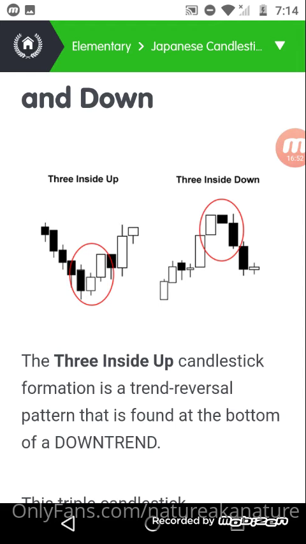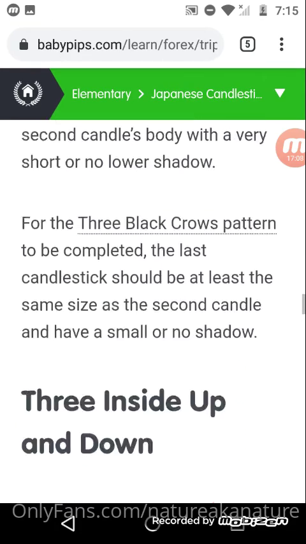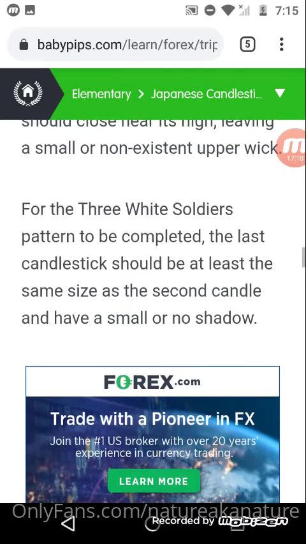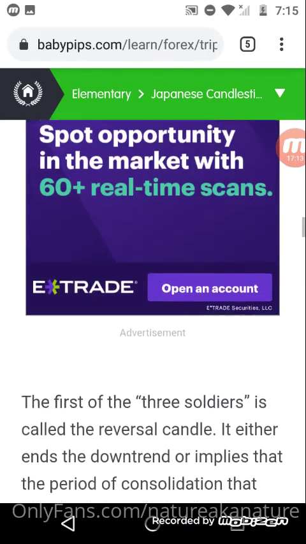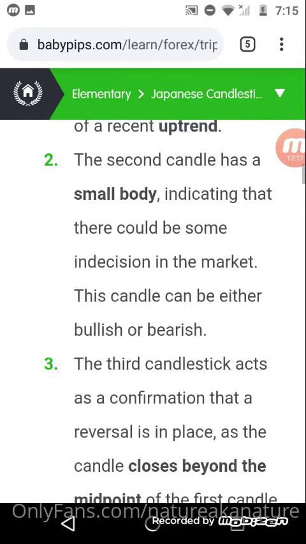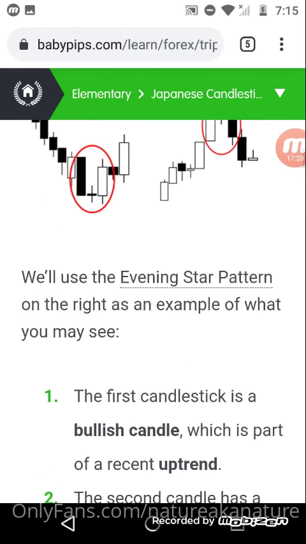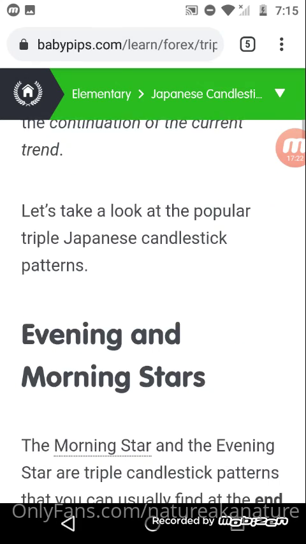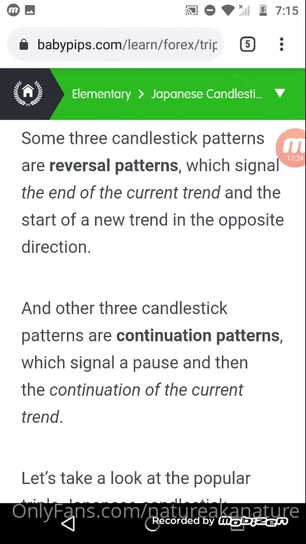These are all the triple stick reversal patterns that you're going to see on either an uptrend or downtrend: morning star, evening star, black crows, white soldiers, three inside up, and three inside down.